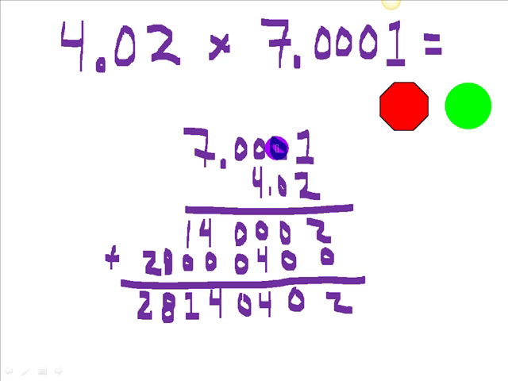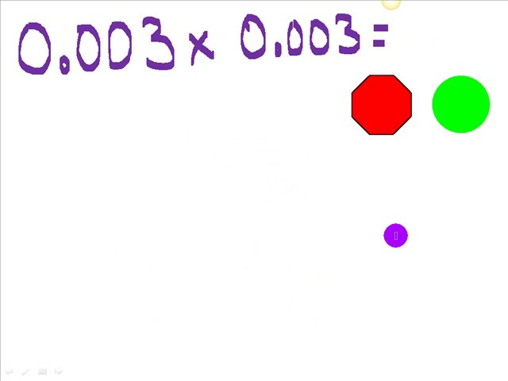So I have 1, 2, 3, 4, 5, 6 decimal places here. 1, 2, 3, 4, 5, 6, and I place my decimal. Well, then I go back to check to see if this makes any sense. 4 times 7, that's going to be 28, and this is a little larger than 7, and this is a little larger than 4, so my answer should be a little larger than 28. And 28.140402 is a little larger than 28.